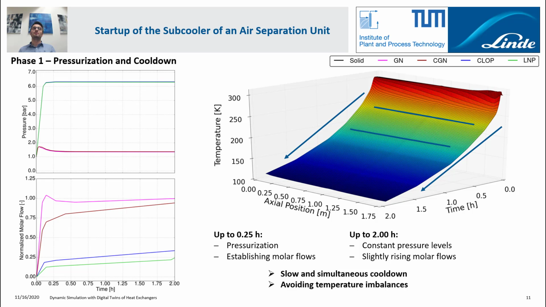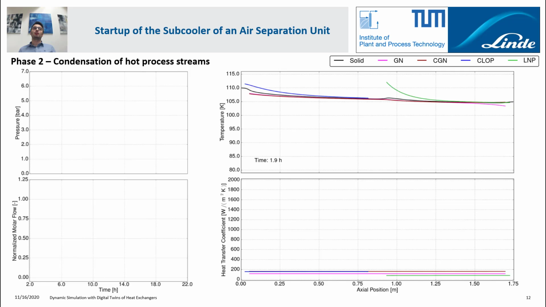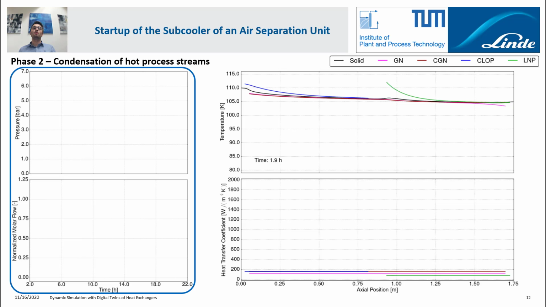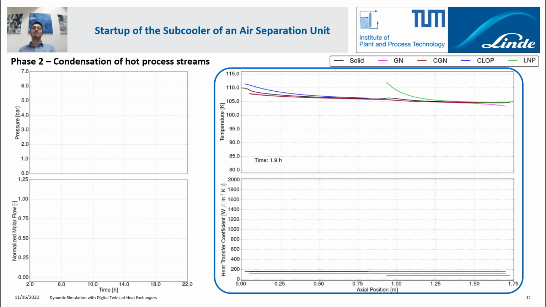The second phase of the startup scenario is the condensation of the hot process streams CLOP and LNP. On the left-hand side again we see the normalized molar flow and the pressure evolution over time in the single process stream passages. On the right-hand side the actual temperature and heat transfer coefficient profiles at selected time points are shown.